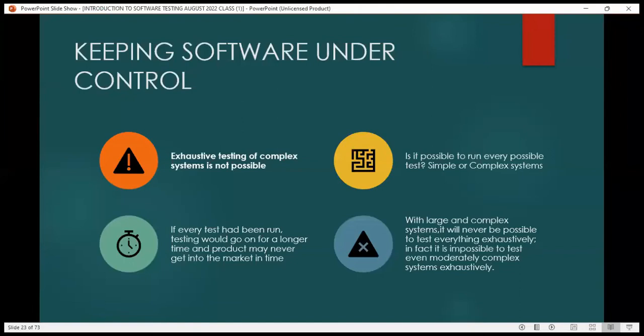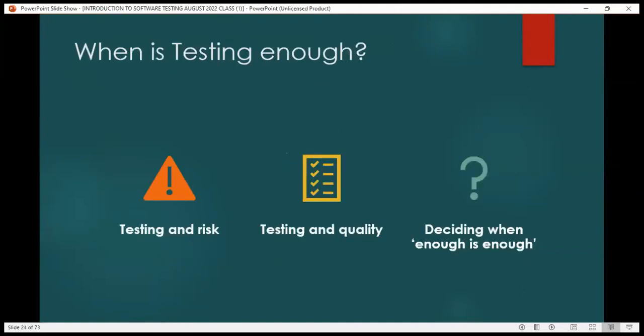Is it possible to run every possible test, on a simple or complex system? No. That's the reason why we are using the word prioritization in this case. When is testing enough? When will you say testing is enough? When you are using these two words. As I'm testing, I'm checking the risk. As I'm testing, I'm checking the quality. Then I can decide from that analysis that enough is enough.